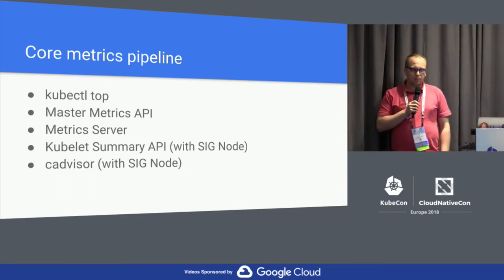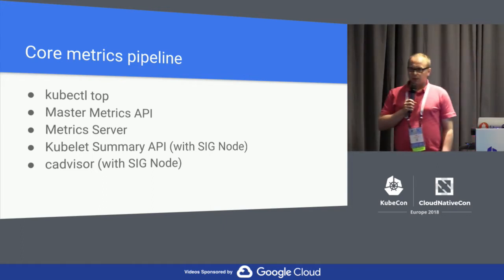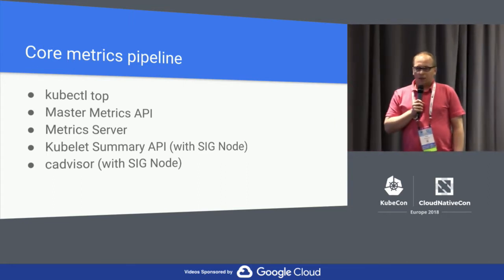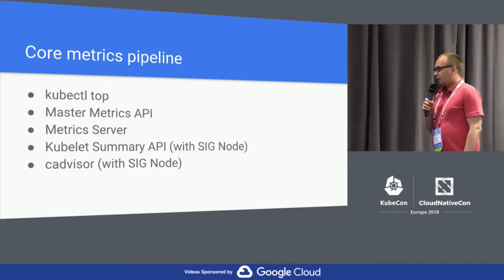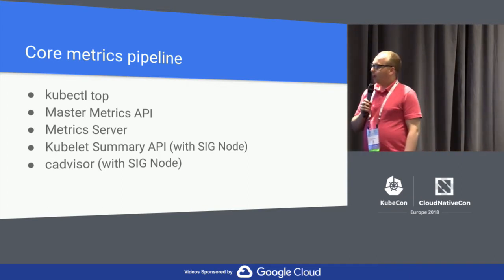So the Core Metrics pipeline consists of kubectl top, which is a command in the kubectl tool, the master metrics API, which is the official Kubernetes API for exposing resource usage metrics. There is also metrics-server, which implements this API.